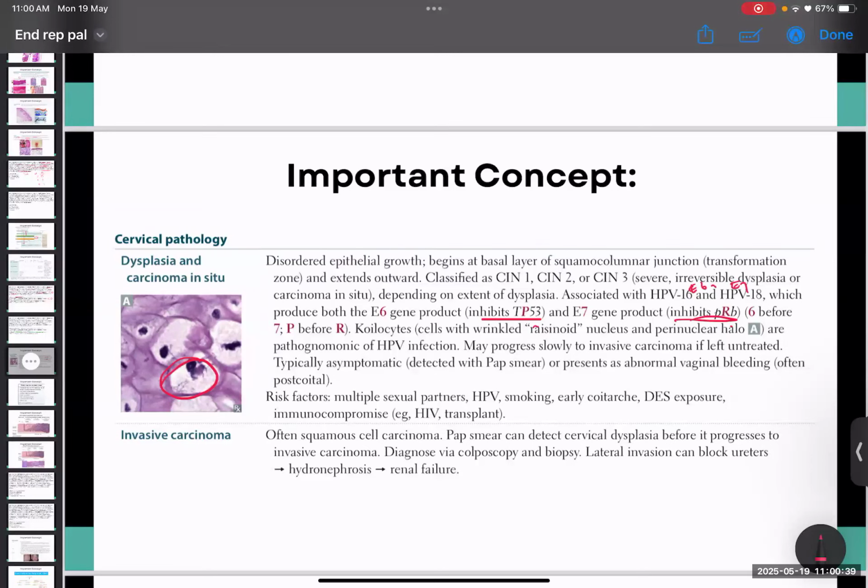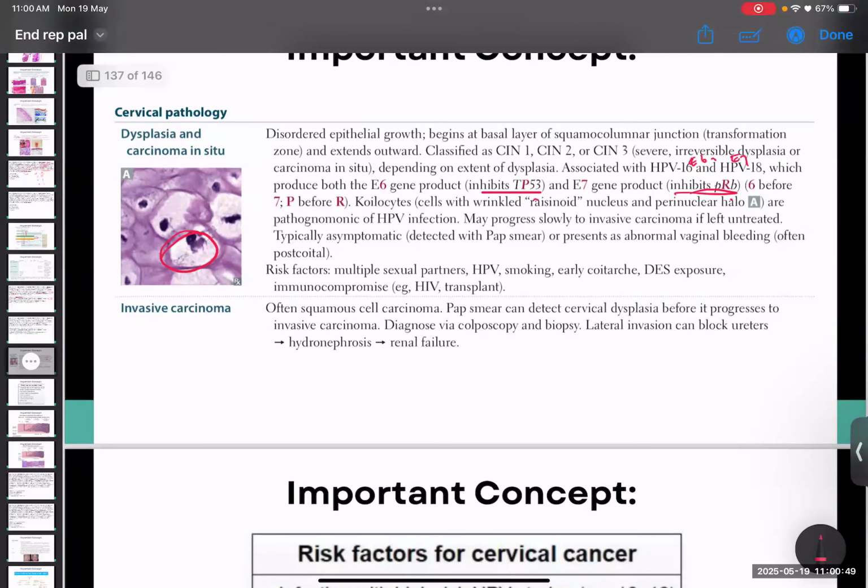Risk factors are multiple sexual partners, not using condoms, smoking, immunosuppression, things of that sort. Invasive carcinomas are usually squamous cell carcinomas because this happens at the squamous-columnar junction. It could very rarely be adenocarcinoma, but very commonly it's squamous cell carcinoma.